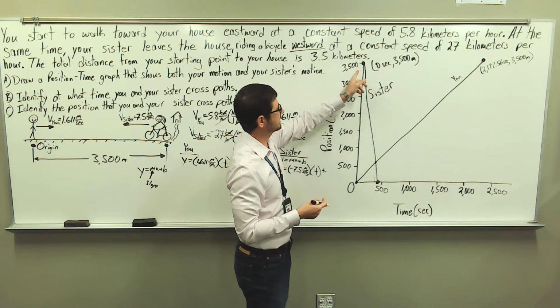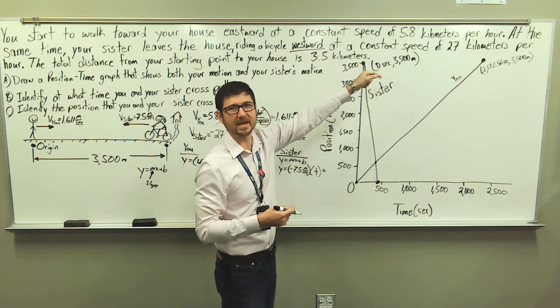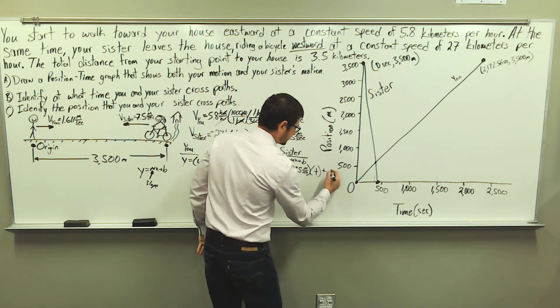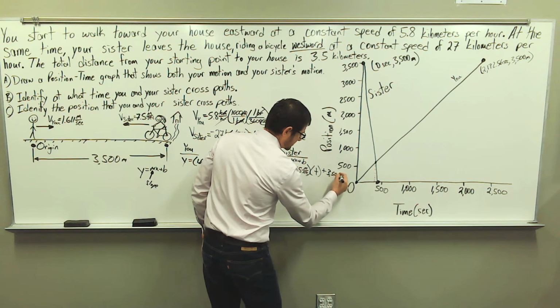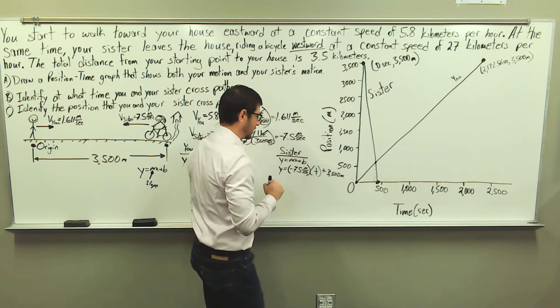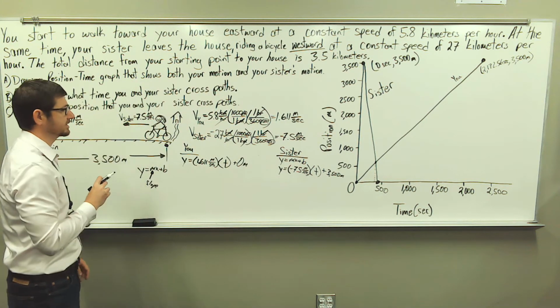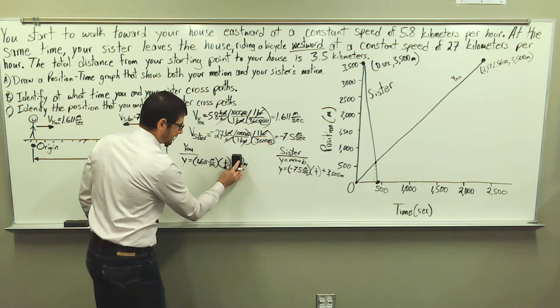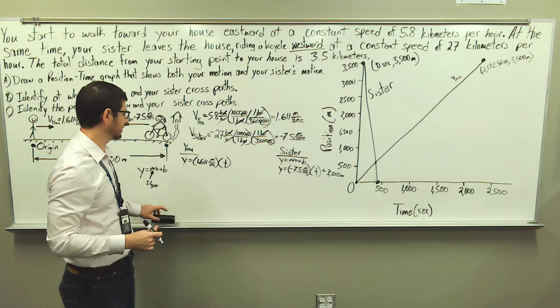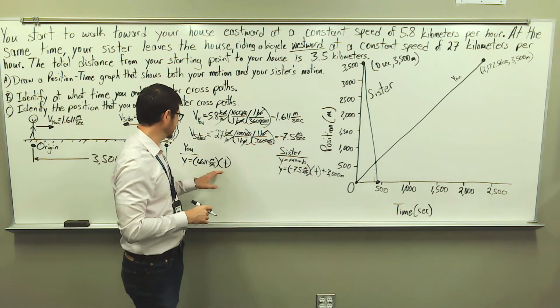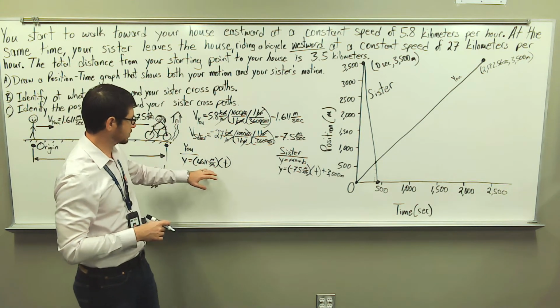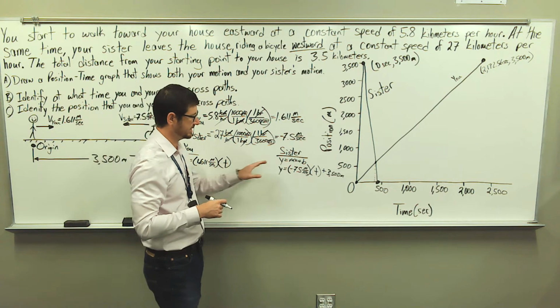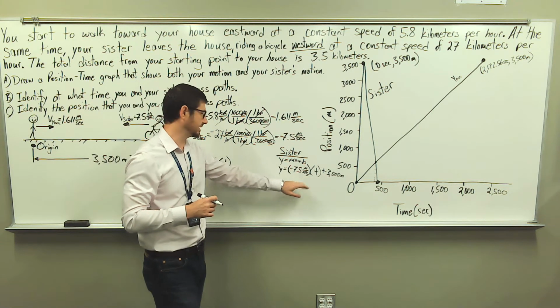Look at this line. Here we have the y-intercept, 3,500 meters. All right, so I'm just going to get rid of this. Because it's 0, we really don't need it. We have y equals 1.611 meters per second times t. I'm going to set it equal to this equation.